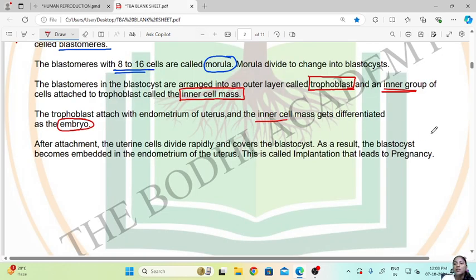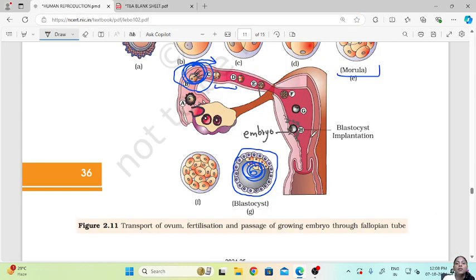As a result, the blastocyst becomes embedded in the endometrium of the uterus, and this process is called implantation, and this process leads to pregnancy. As we can see here, the blastocyst will completely get embedded in the uterine wall, and this process is called implantation, which leads to pregnancy.